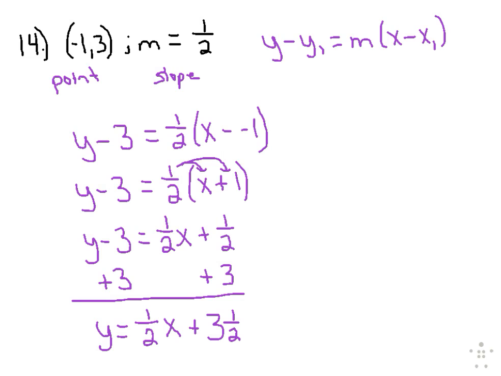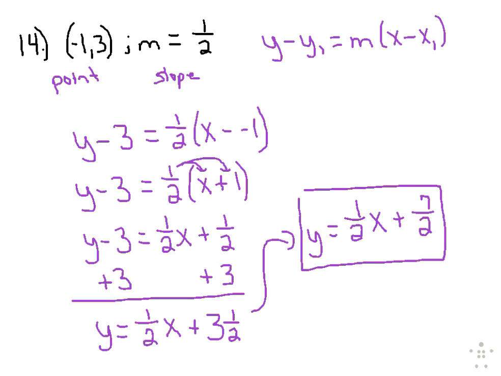Now we would never leave it as a mixed number. We would convert it to an improper fraction. So y is equal to 1/2 x plus 7 over 2. 2 times 3 is 6, plus the 1 is 7. So this is the equation in slope-intercept form for number 14.